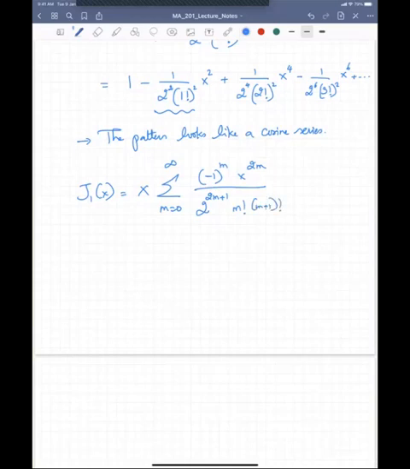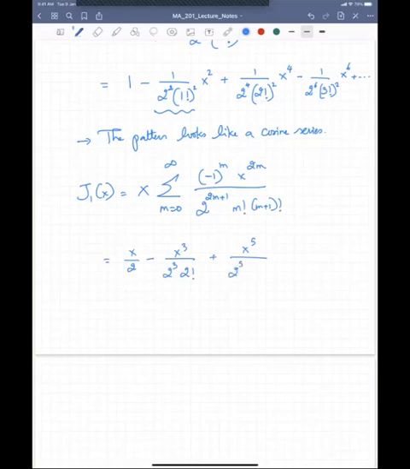If you actually work this out, you will get x over 2 minus x cubed over 2 cubed times 2 factorial plus x to the 5 over 2 to the 5.